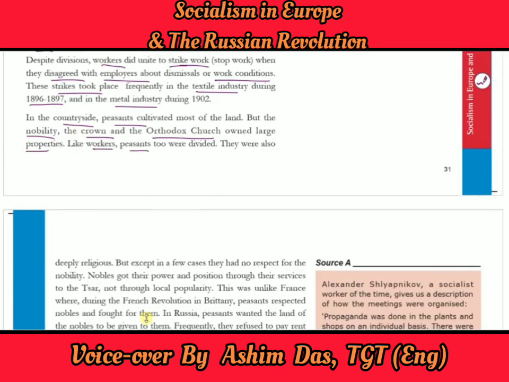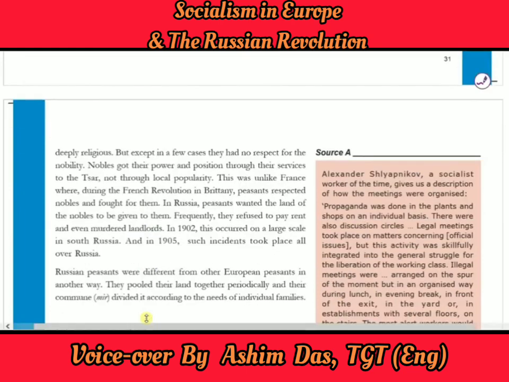They were also deeply religious, they followed Christianity, but except in a few cases they had no respect for the nobility. They did not respect the nobles or the aristocrats. The nobles got their power and position through their services to the Tsar and not through local popularity.